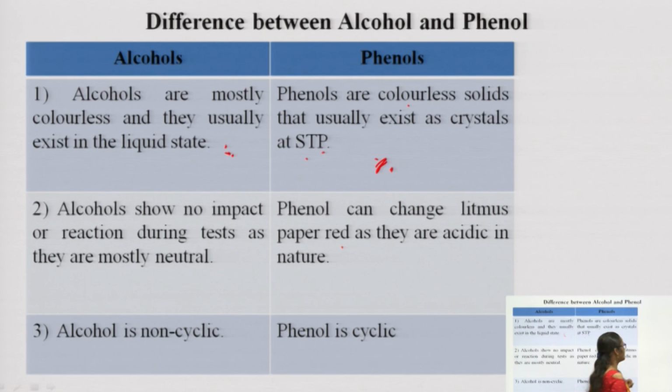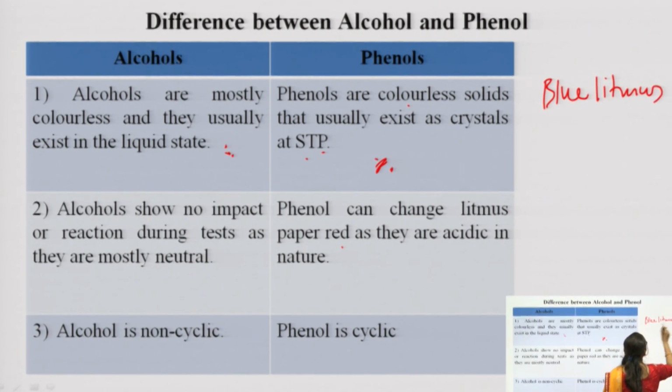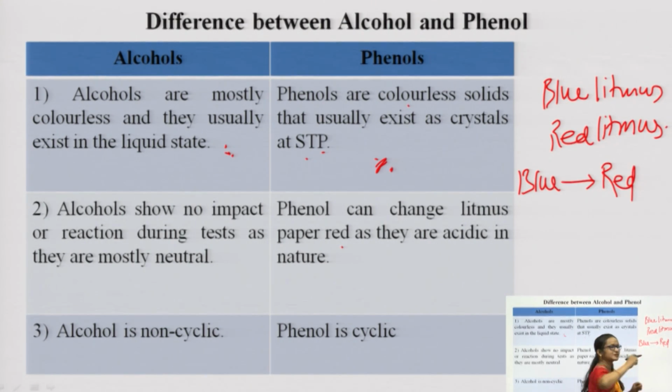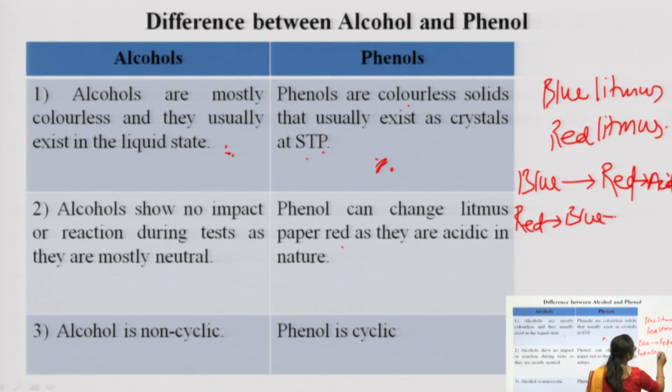Now, what do you mean by blue litmus and red litmus? Litmus paper is a filter-paper type of paper which is blue in color, and if you pour phenol over it, it changes to red. You can say it is acidic in nature. Now, if red changes to blue, you can say it is basic in character.